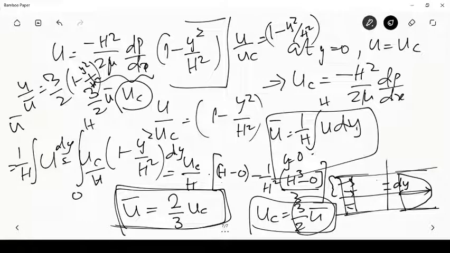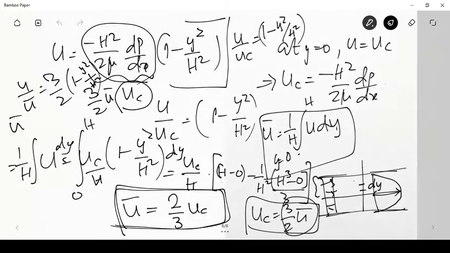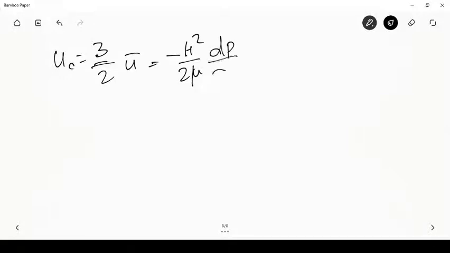So what have we got now? We have the expression for a velocity profile where the mean velocity or the center line velocity is related to the pressure using this expression. So uc is equal to 3 by 2 u bar, which is equal to minus h squared by 2 mu into dp by dx.